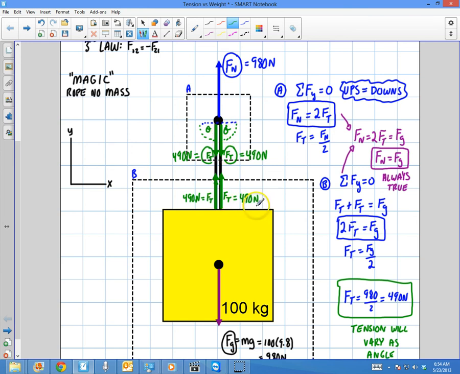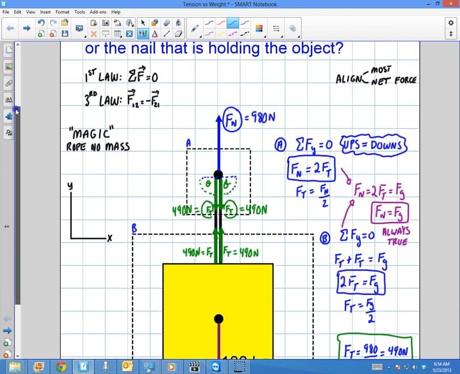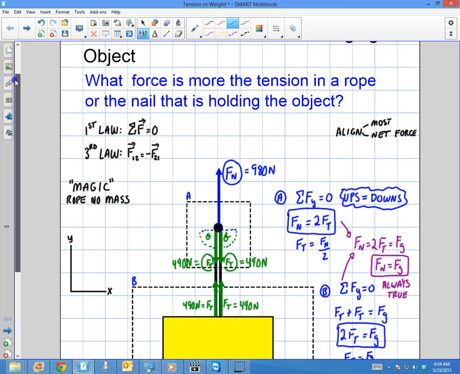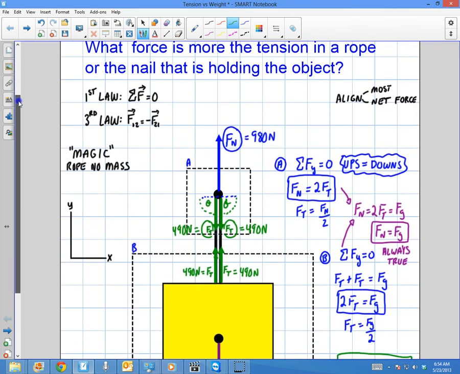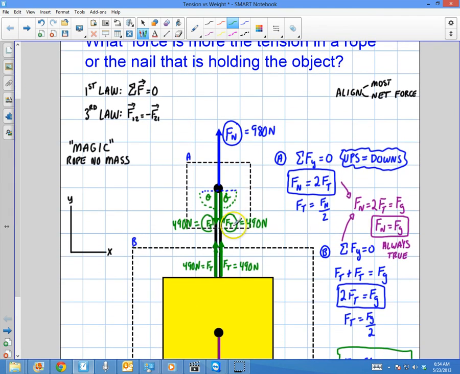Then I'm going to graph this for you. I'm going to do a whole lab with you on this. I'm going to take Microsoft Excel and show you the function of tension versus this angle theta, and then you'll be able to see for yourself how that tension varies and how the normal will not change. It will always be equal to gravity.